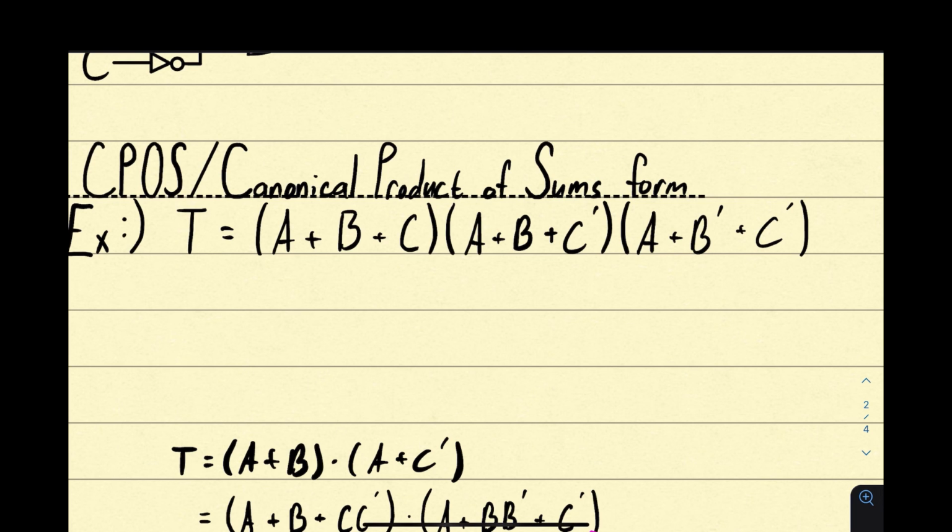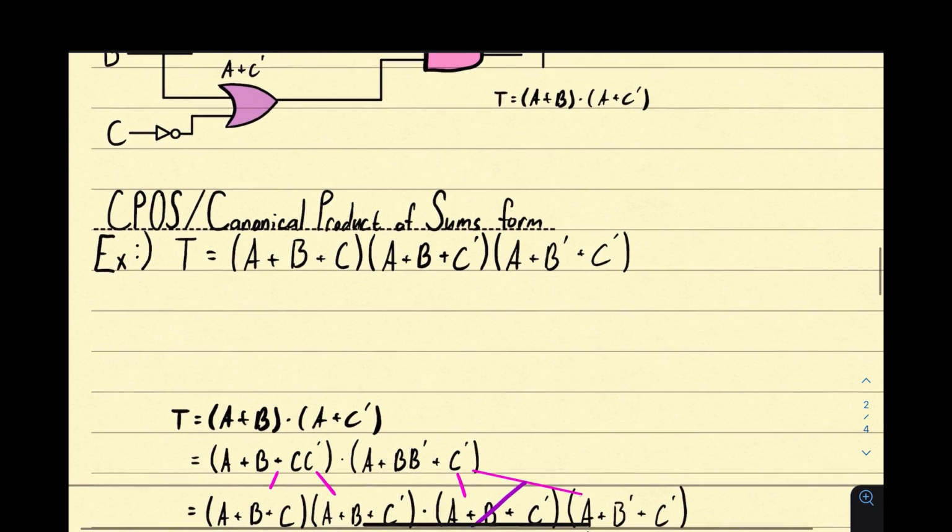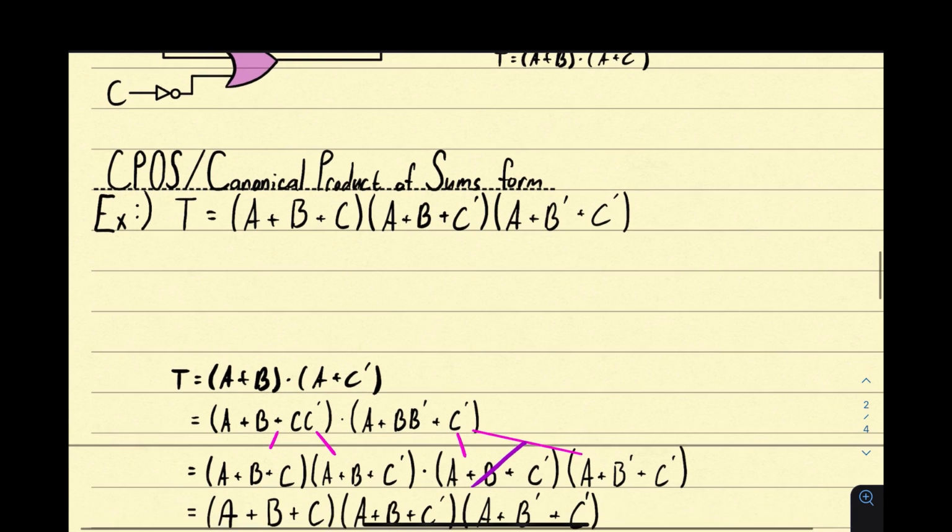And like with CSOP, with CPOS, you can easily create the truth table, but you just need to remember that the values for the max terms are different from the min terms. Min terms, an original variable has a value of 1, and the complemented variable has a value of 0, but with max terms, it is quite the opposite.